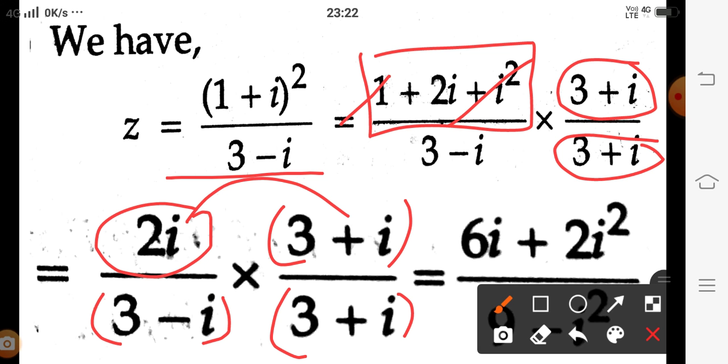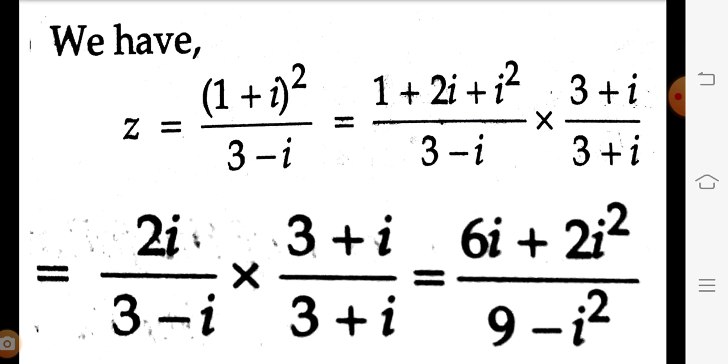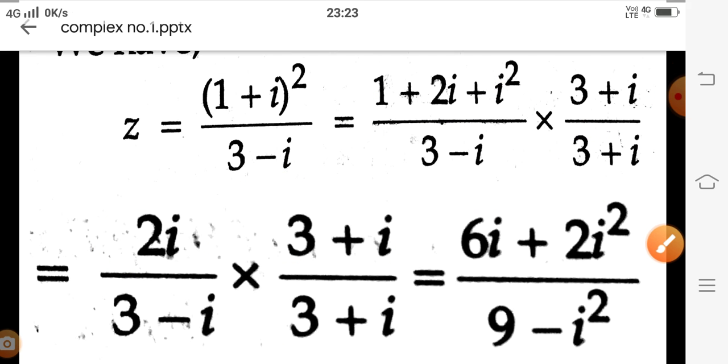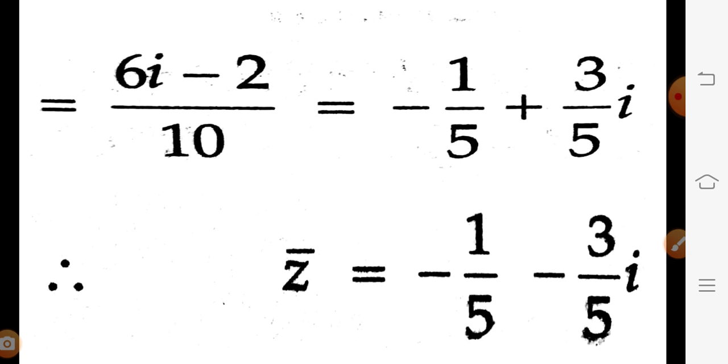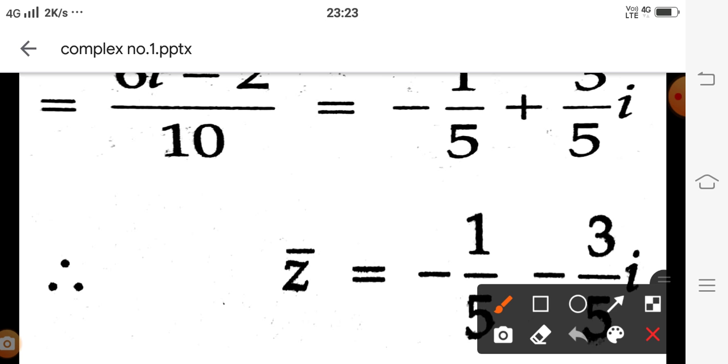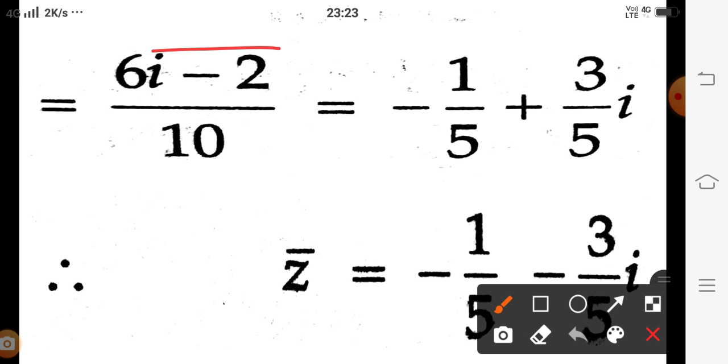Multiplying the numerator, we are getting 2i into 3 as 6i and 2i into i as 2i^2. The value of i^2 we know is minus 1. Then we put it in, and in the denominator we are getting the identity a^2 minus b^2. Solving further, we are getting 6i minus 2 upon 10.